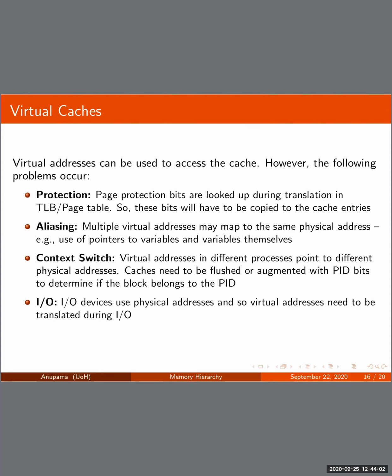So these are the various problems that you hit if you use virtual addresses to index the caches. But what is the gain? The gain is that you avoid the address translation, so your hit time will be only one clock cycle. So to try to solve one problem, we are hitting many other problems. So what's the solution is what we have to look at.